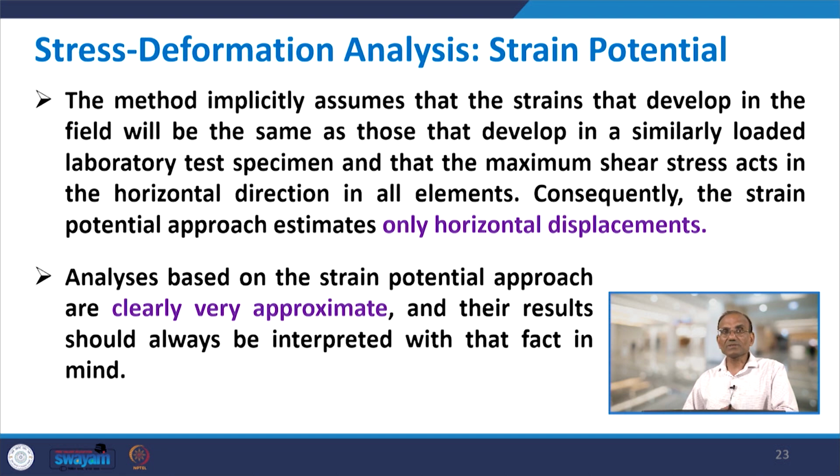Consequently, the strain potential approach estimates only horizontal displacements, because it is assumed that the stress acts along the horizontal direction. Analyses based on the strain potential approach are clearly very approximate, and their results should always be interpreted with caution.